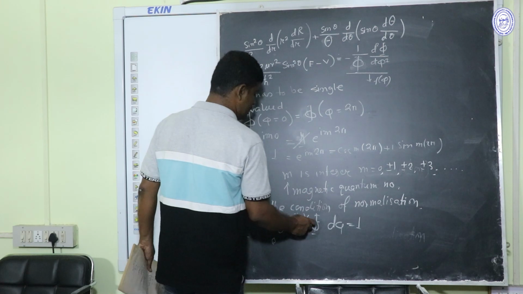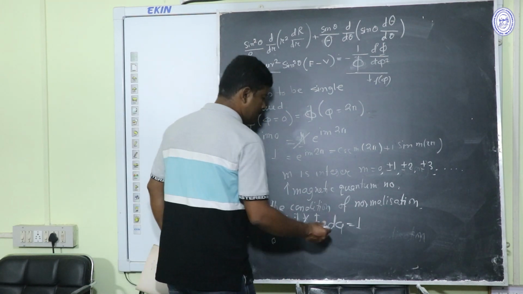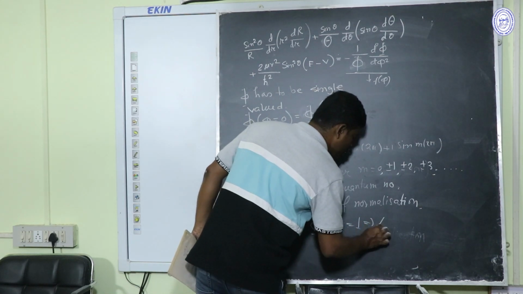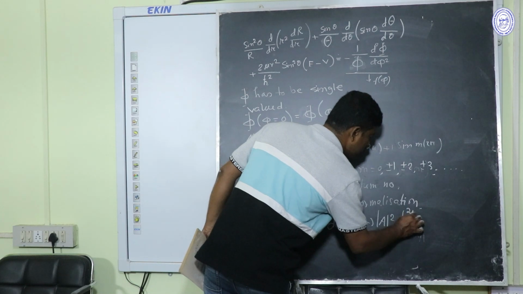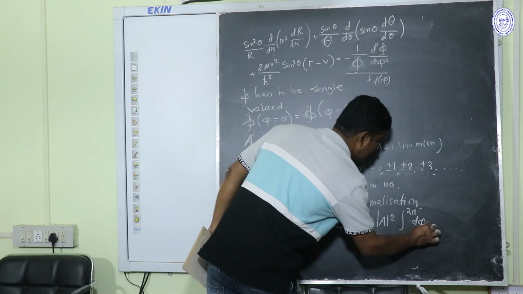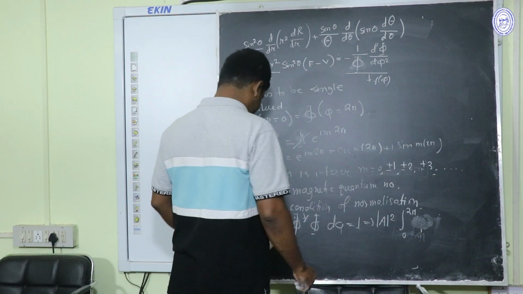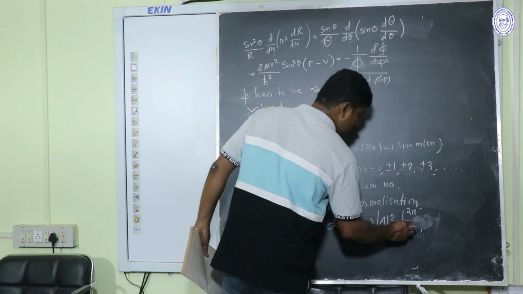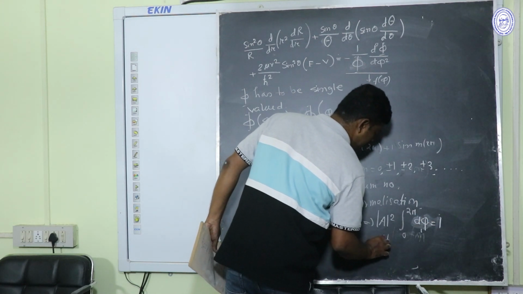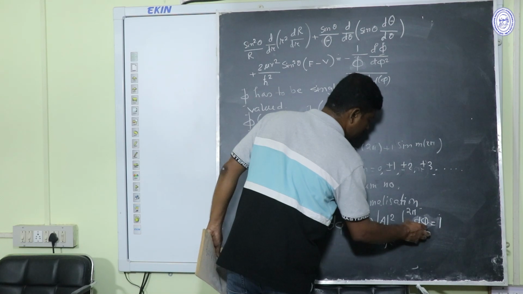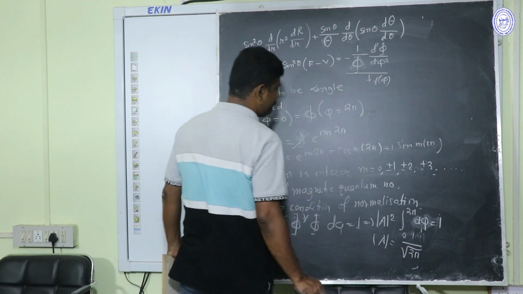So this immediately gives us |A|² ∫ dφ from 0 to 2π equal to 1. So |A| will be equal to root over 1/2π.